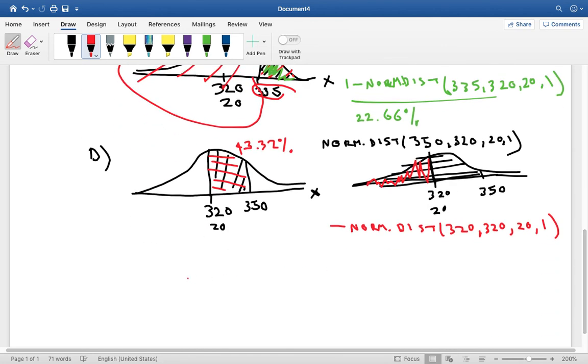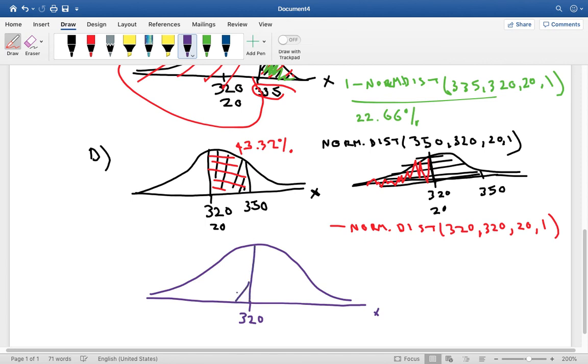Remember, the normal distribution has a mean of 320, and the second part wanted you to find the area from 320 going back, which is exactly 50% of it. I redrew it because this is slightly out of scale.